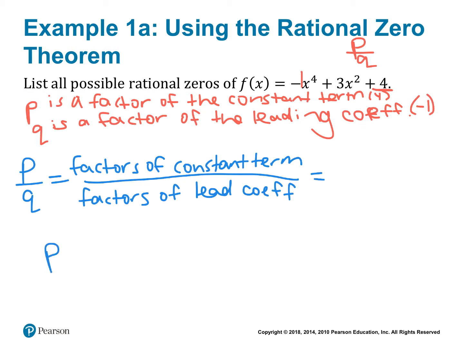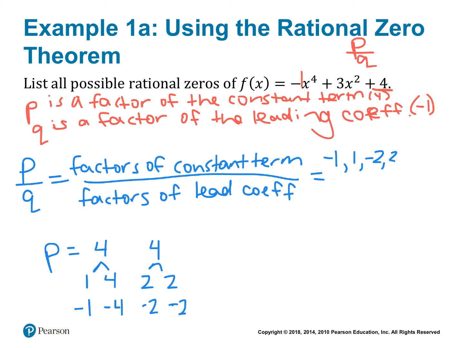Okay, so let's look at the constant term. It was 4. So factors of that, you could have 1 times 4. You could have 2 times 2. You could also have -1 times -4, -2 times -2. So let's go ahead and list it as -1, +1, -2, +2, and -4, +4.